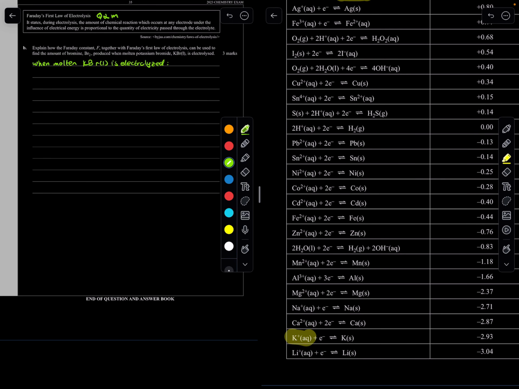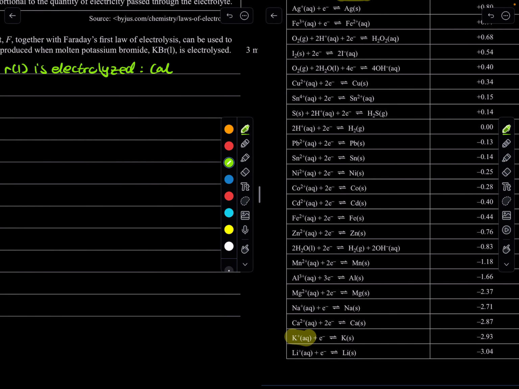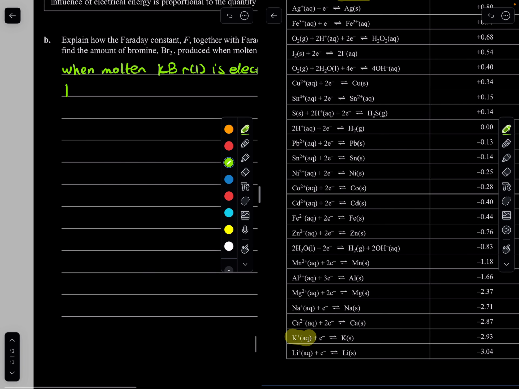So the strongest oxidizer is K plus aqueous, and hence remember, if it's being reduced, it's going to occur at the cathode, and so we can write that down. Cathode: K plus aqueous plus electrons go to K solid.